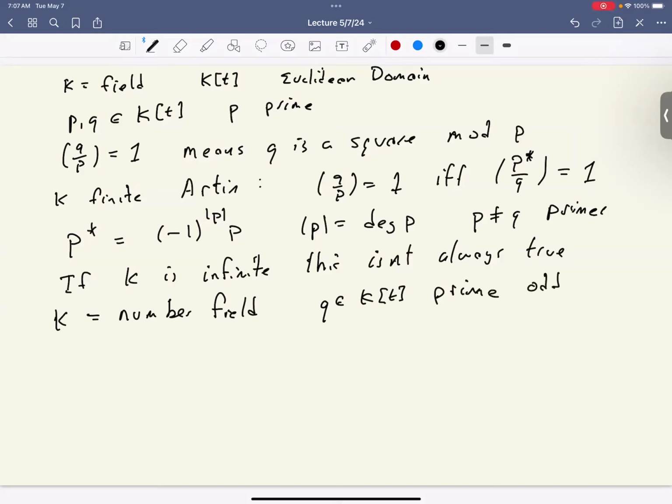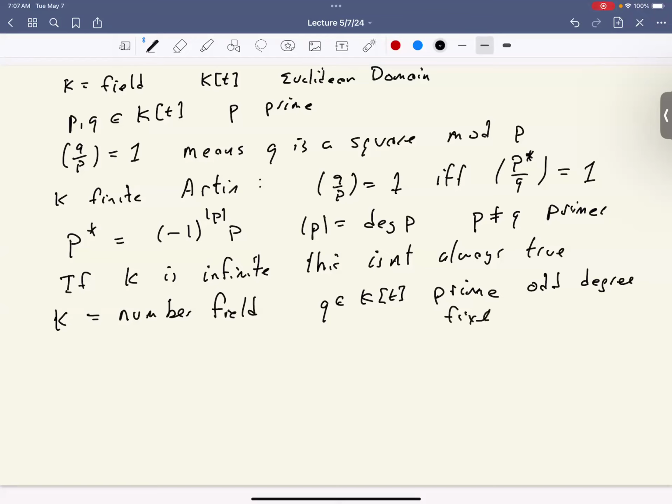This is a funny thing because when you get into this, you find out that the parity of the degree of the polynomial, when you start taking residues modulo the polynomial, has a huge effect. So when Q has odd degree, things are much simpler. So I'm going to stick to that case in this talk. So think of it as a fixed odd degree prime.